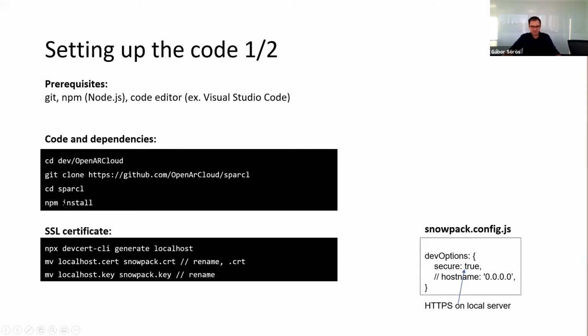This npx is the same as npm, but it only temporarily installs the package and then removes it immediately. So it's only using this devcert package for generating these keys. And then there is a settings file, a config file, which you need to change if you want to use your local server, because location access in a website really requires a secure connection. So we need to have an HTTPS in the settings.